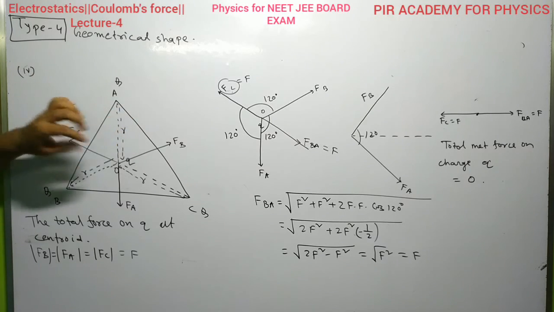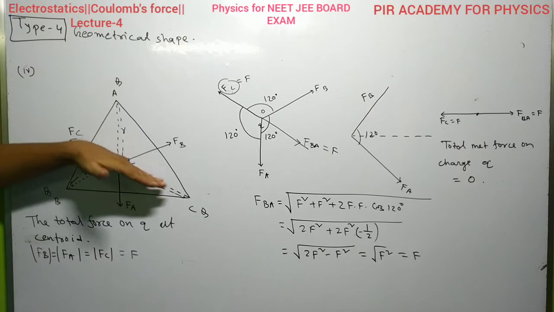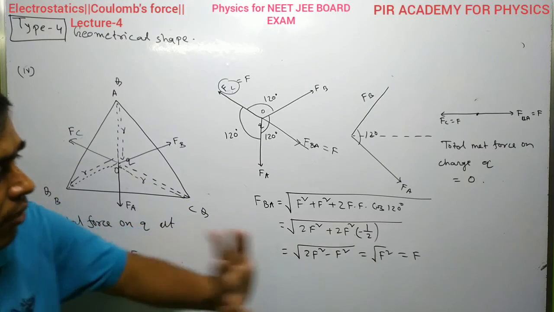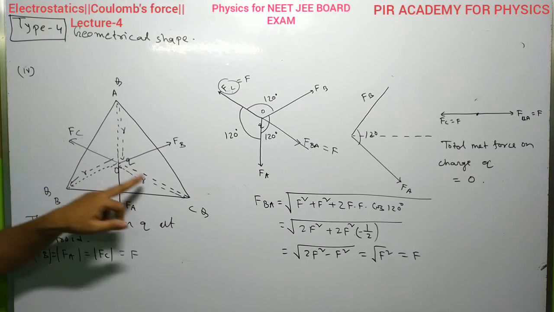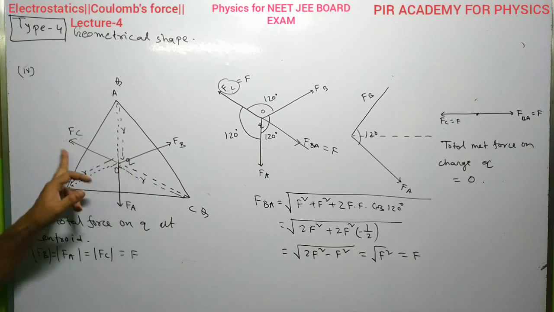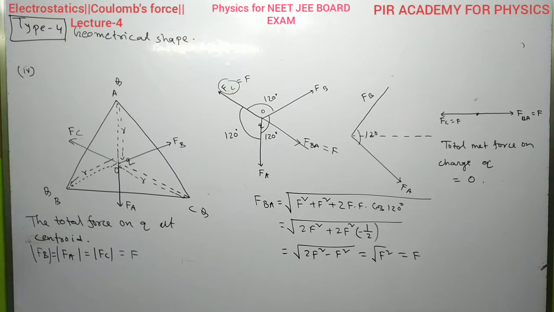The resultant between these two forces will be along this direction and will be F, and these two forces cancel each other because they are opposite in direction and same in magnitude. So the total force on Q will be 0.